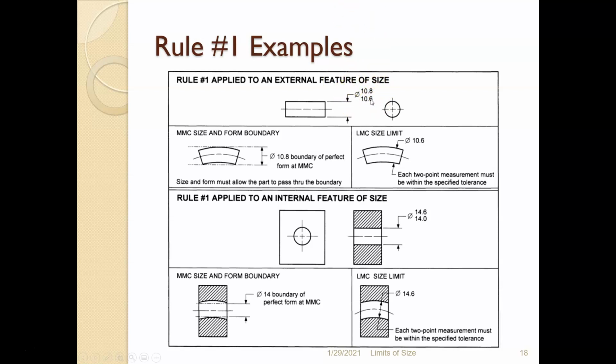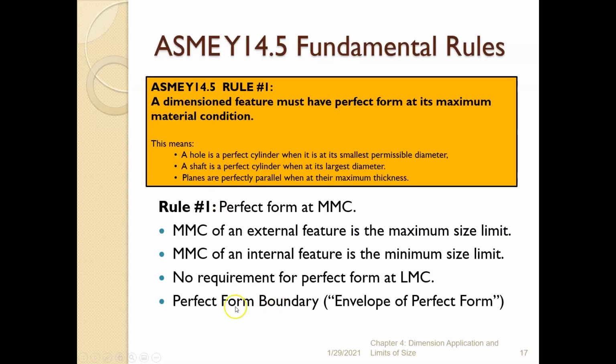All right. But if we manufacture the pin at 10.8, it must have perfect form. What does that mean? Well, that means the shaft or pin in this case cannot bend. And the way to imagine that is going back to this, a perfect form boundary. All right.